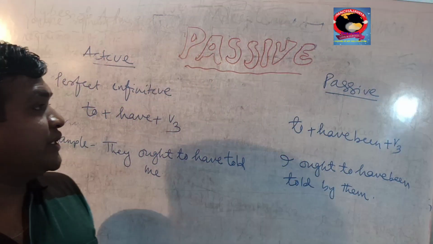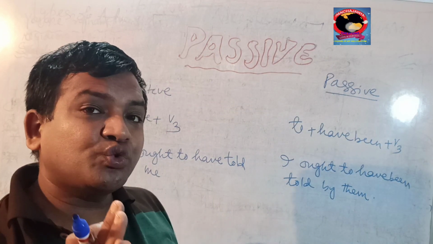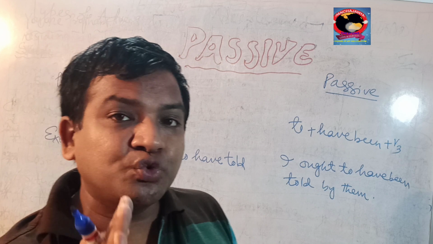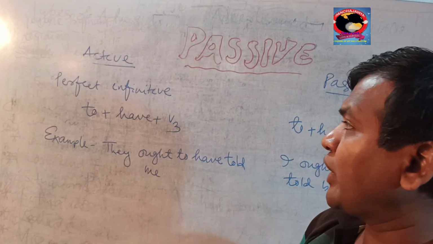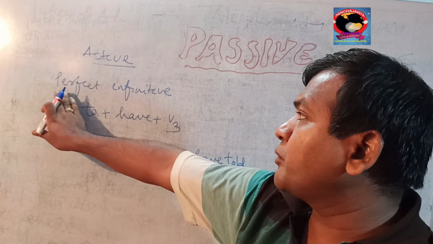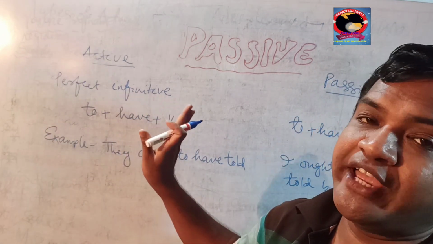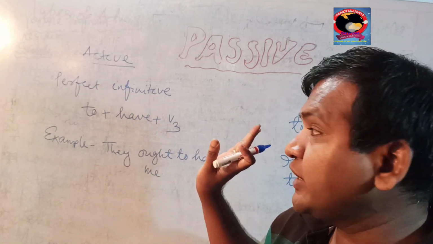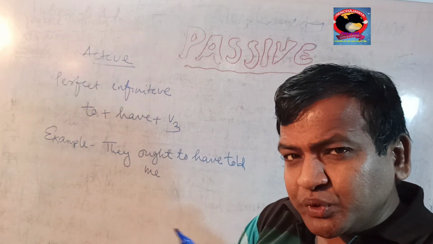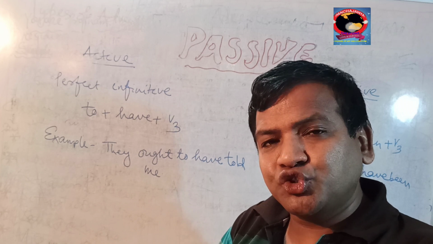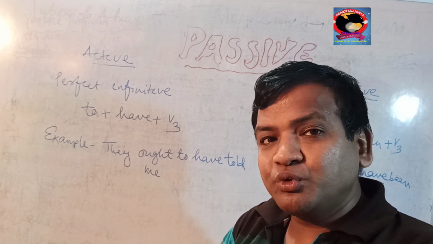Here I was telling about ought to, used to, need to. I was telling about those modals. Here the use of ought to I have shown. This is called perfect infinitive, the use of to plus have plus V3. These are used exceptionally, so don't get confused.